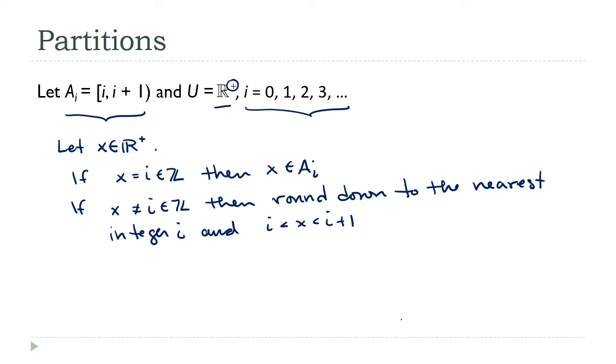It can't be equal to them. If it were equal to them, it would be an integer. So it has to be strictly between those two. Therefore, x is an element of A sub i. So I've shown that every real number fits into one of these sets. So this collection of infinitely many unit intervals is a partition of the positive real numbers.